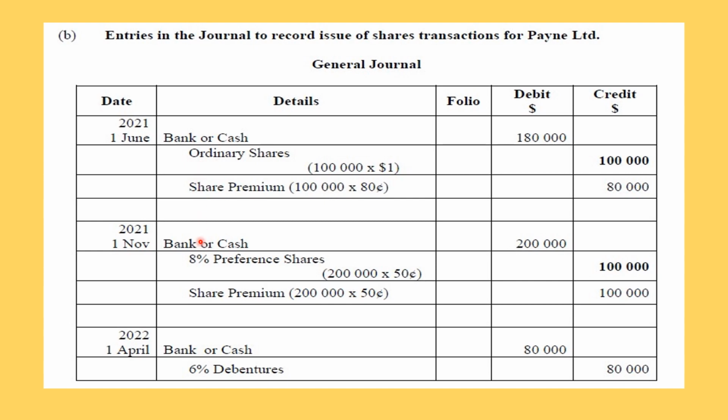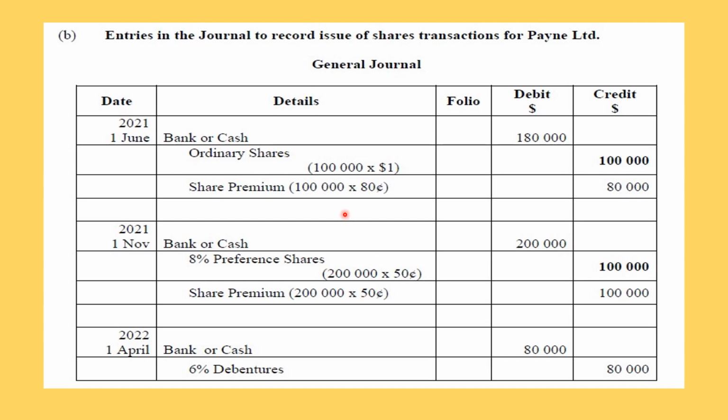Notice we have three separate entries. So the structure, to get a mark, you have to have the whole line correct, and you have to use the correct name of the account. The amounts alone will not do.